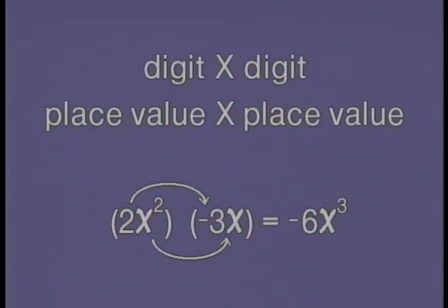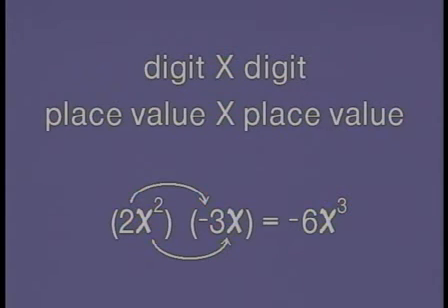So as you can see in the next visual, 2x squared multiplied by negative 3x equals negative 6x cubed, since x squared times x is x cubed. Notice also each of the monomials are in parentheses, and there's no symbol between the parentheses.